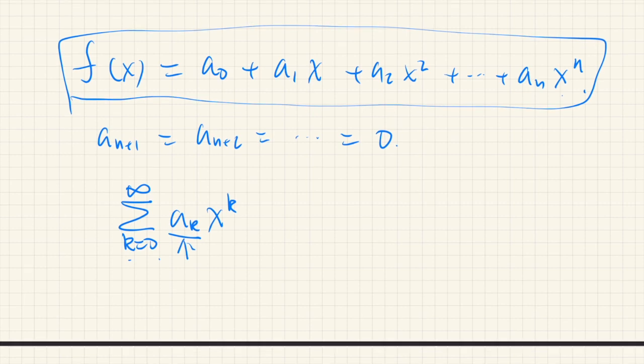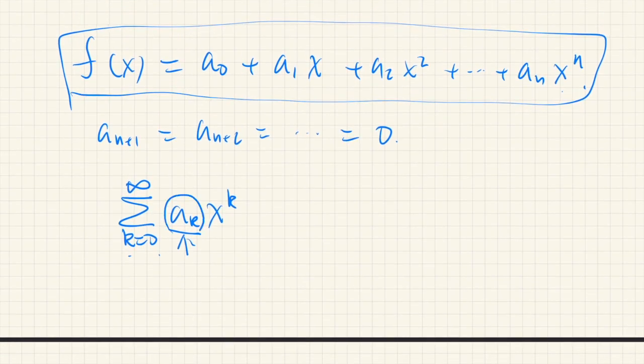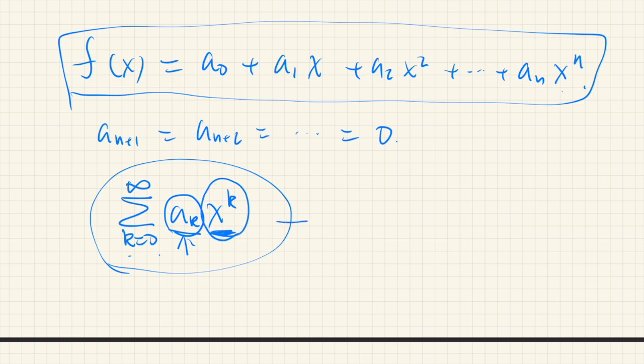But when infinitely many coefficients a_k are not 0, then we don't know whether this is a function or not, because we don't have any clue regarding its convergence. But when it does converge, then this power series can be considered as a function of x. To discuss the convergence of power series, we need the notion of radius of convergence.